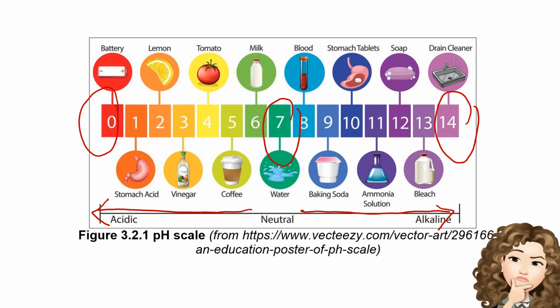Of course, the extreme values are strong ones, so you will see here that the battery is a strong acid and that the drain cleaner is a strong base. While those near the neutral value or pH 7 are weak acids or bases. So you will see here that the blood is a weak base and milk here is a weak acid.